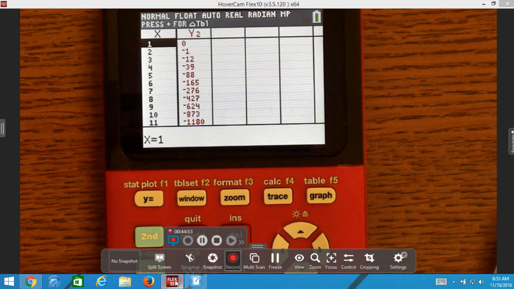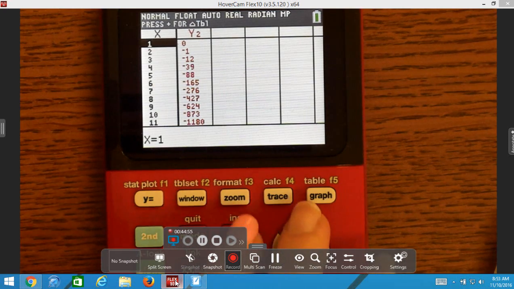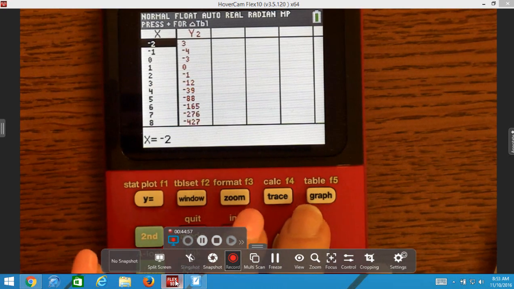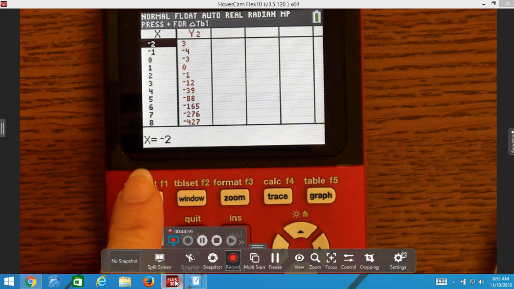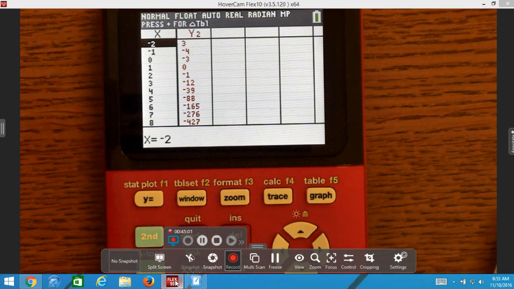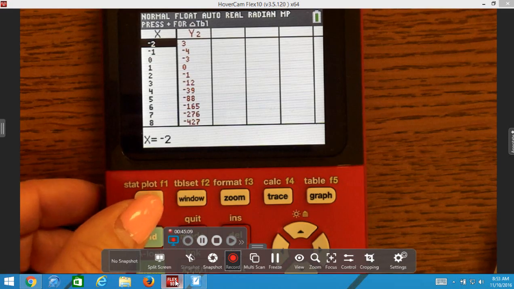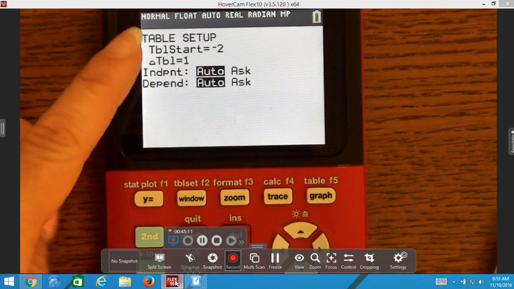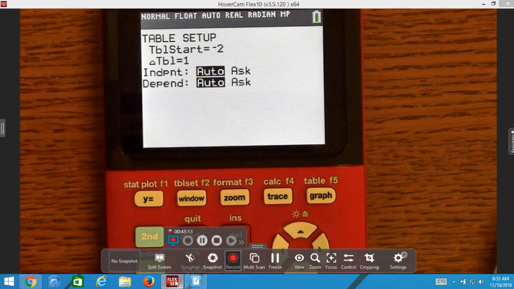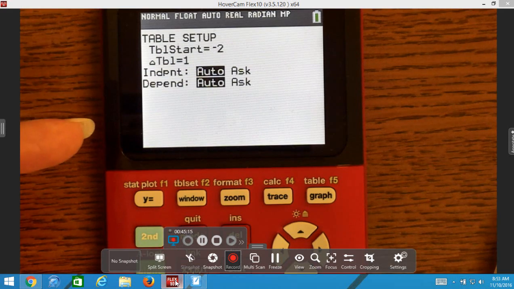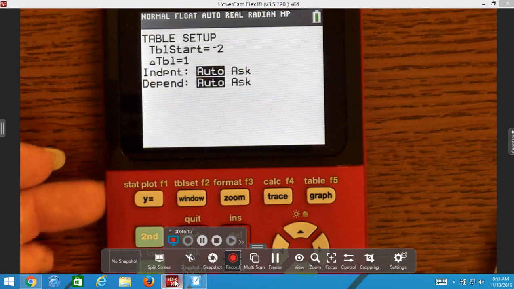And if your table is not a window that you like, you can arrow up or down, or you could go to table set and jump to whatever you want. Is anybody's table just way off? You can go to table set, do second window, and tell your table to start at whatever number you want it to, and count by whatever number you want it to count by.